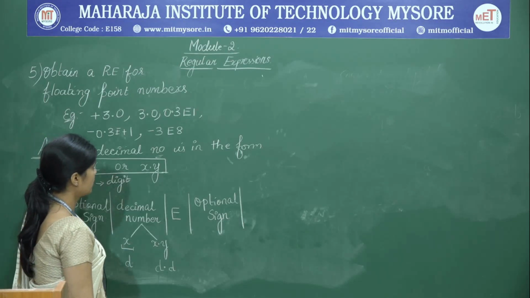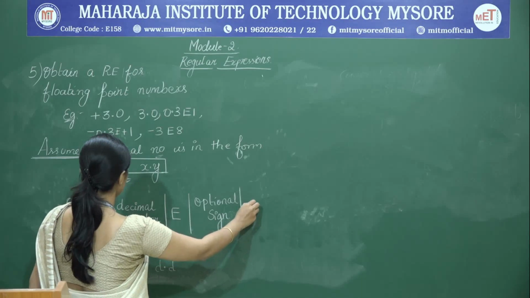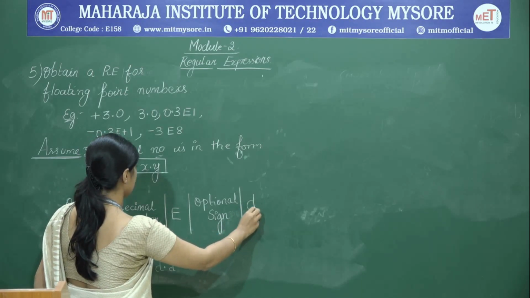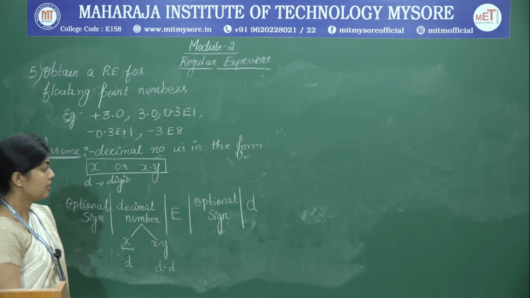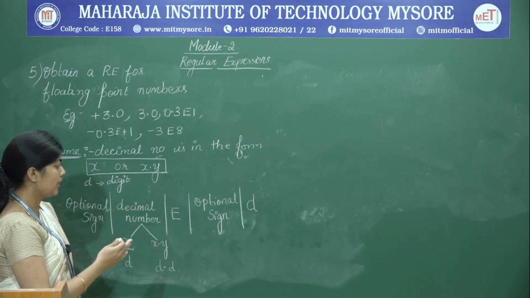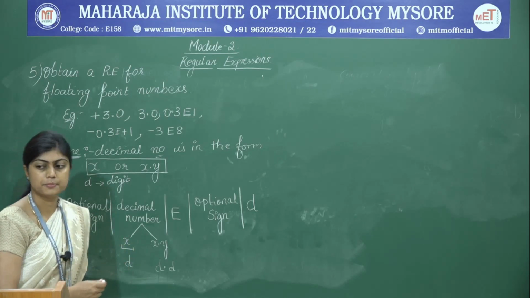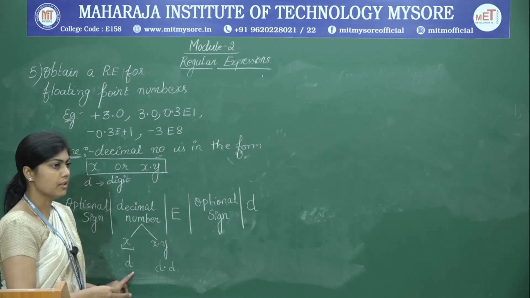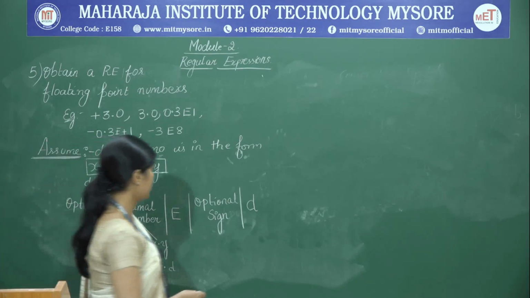Once we have an optional sign, it is followed by digits. This is how we frame the skeleton, or interpret the different parts which are there in the floating point number. Once we have framed this, it is easy for us to actually frame the regular expression.